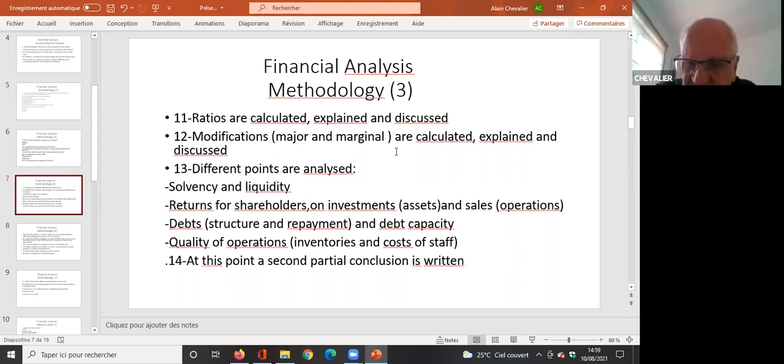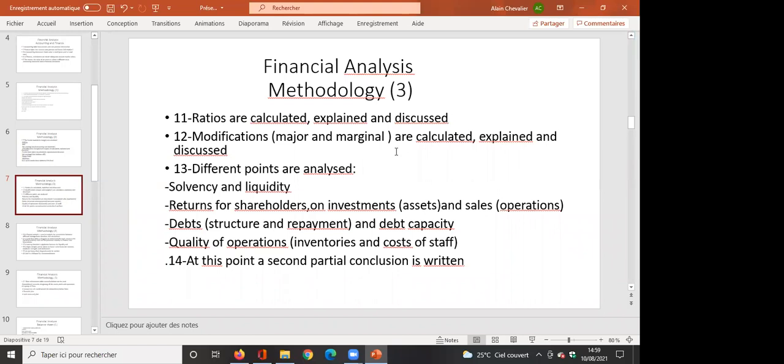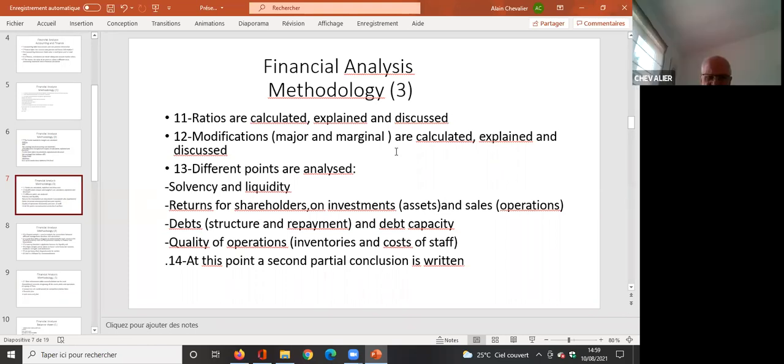And last point, which is very often forgotten in financial analysis, is the debt capacity problem. You have a structure, you have a level of debt, you have contracts and a repayment schedule.